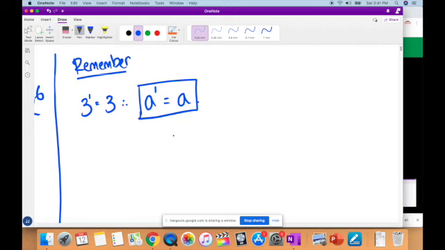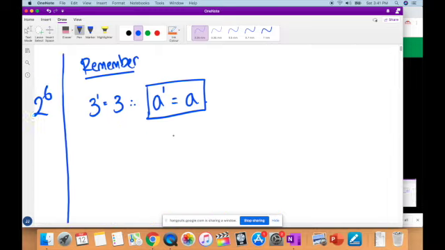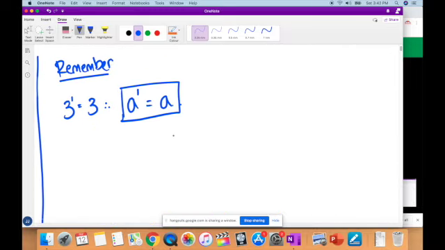Well, you could use any one of the other rules. For example, if I have a to the power of 1 times a to the power of 1, that is equal to a squared. Right? So that is one way to show it.